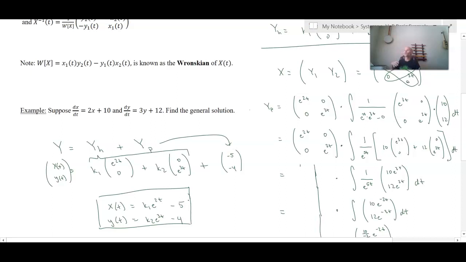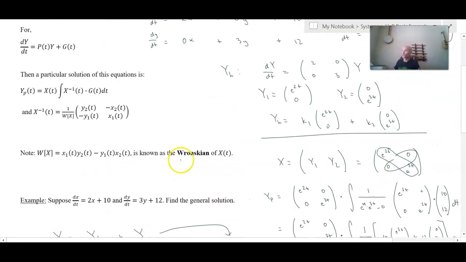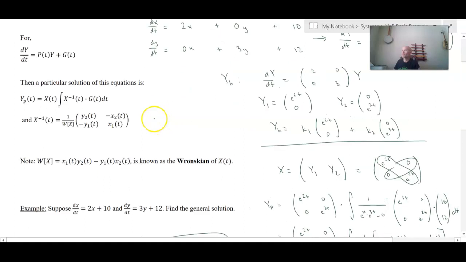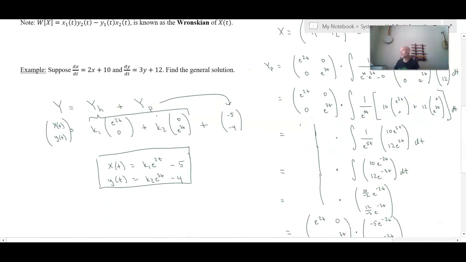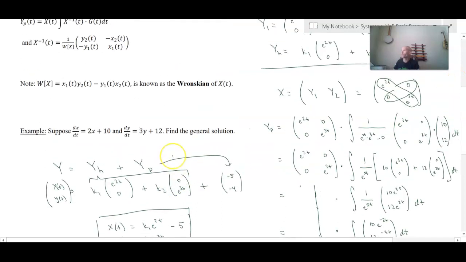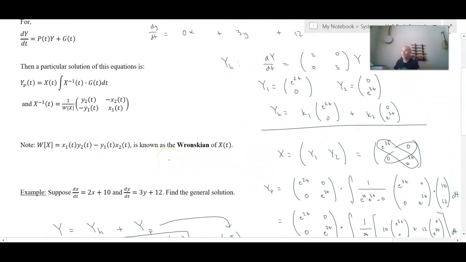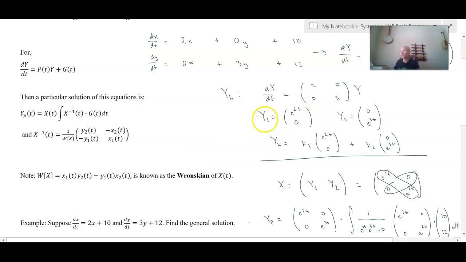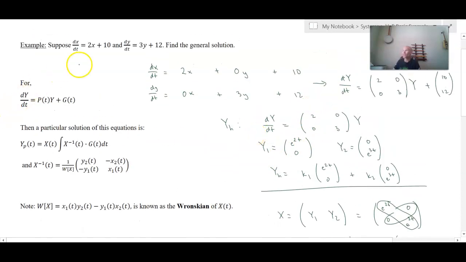Again, this could be done without using variation of parameters, but the method actually works out really nicely here. In an earlier video we mentioned there's a couple of problems that might arise. The first problem being, can we always find y sub h? Well, the reason we could do it here is because all of our coefficients of x and y were constants, and we could have found these solutions one of two ways.